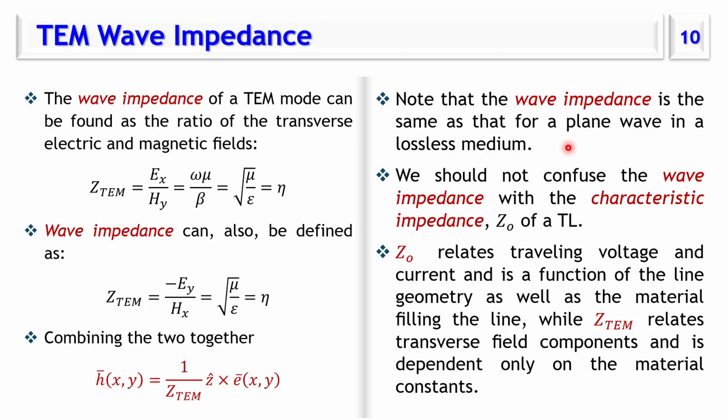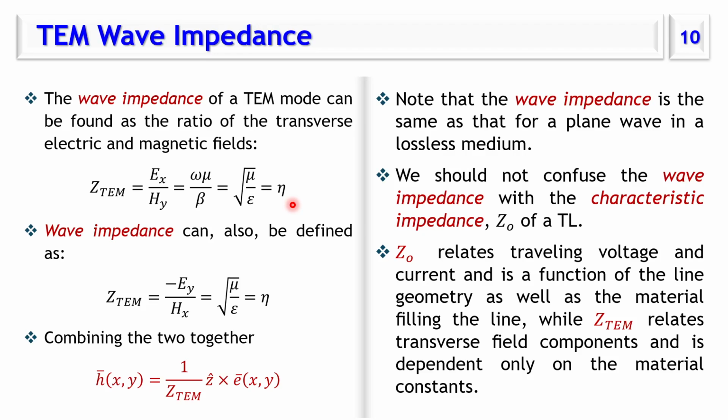We need to emphasize here the difference between wave impedance and the characteristic impedance of a transmission line. Characteristic impedance relates the traveling voltage and current in a transmission line, and it is a function of the line geometry and the material filling the line, while ZTEM, the wave impedance, relates the transverse components of electric field and magnetic field, and we found it is only dependent on the dielectric material filling the waveguide.